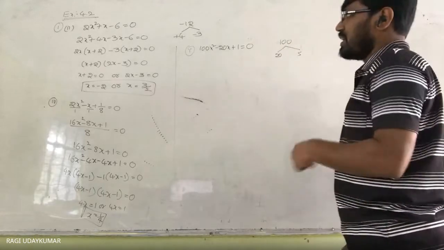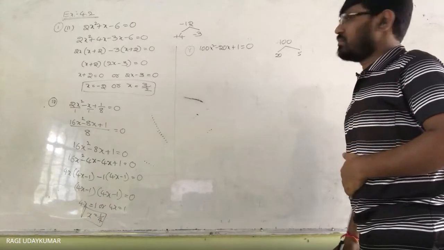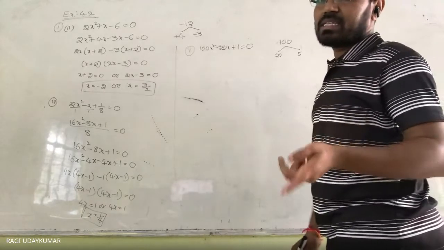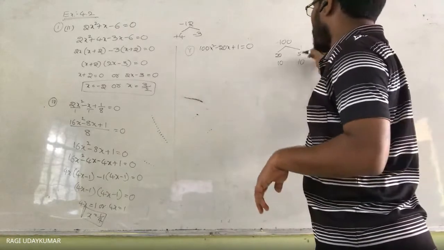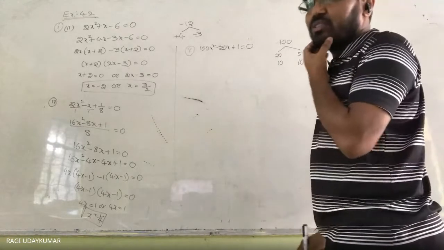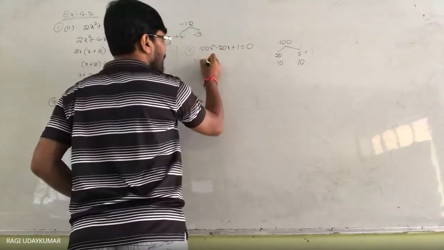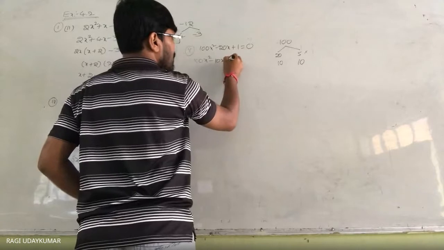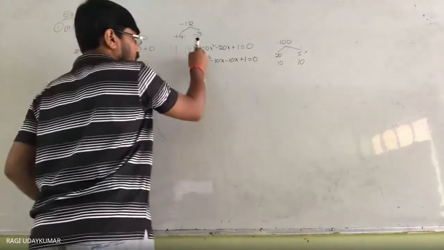Plus means sum of the two numbers should be equals to 20. Plus 100 we are getting now. Sum of the two numbers should be 20. So 10 tens are 100. This is not possible, even 25 fours are also not possible. 10 tens is possible. So we are going to get it as 100x square minus 10x minus 10x plus 1 is equals to 0.